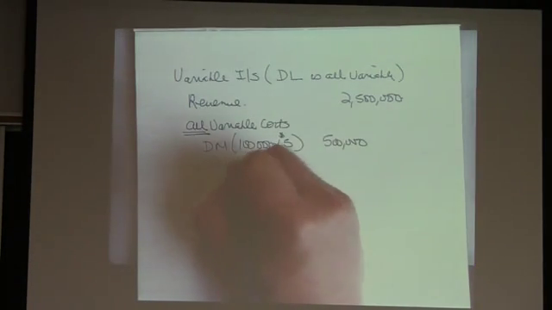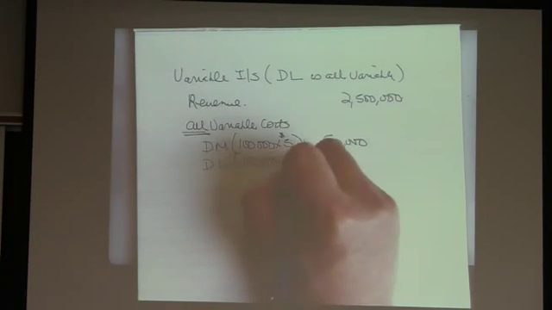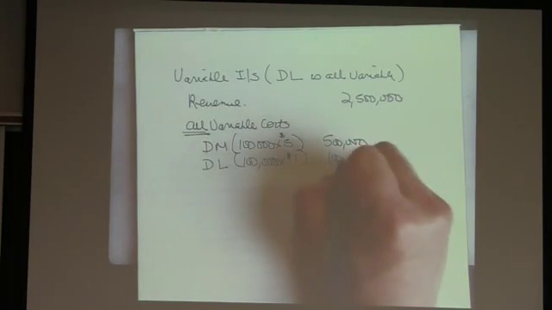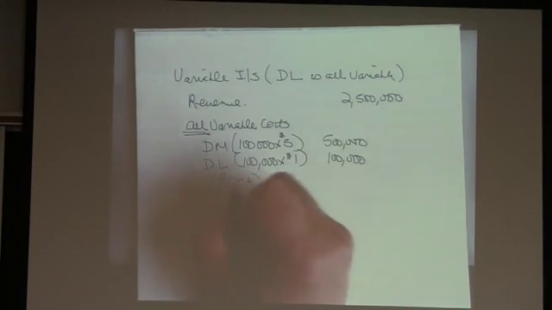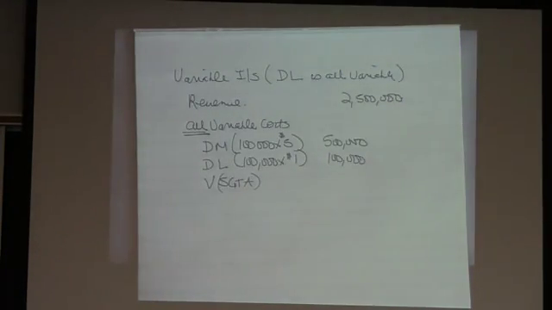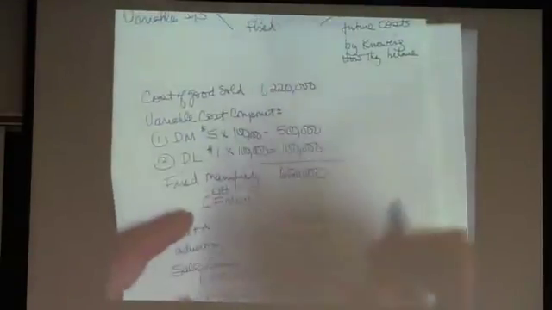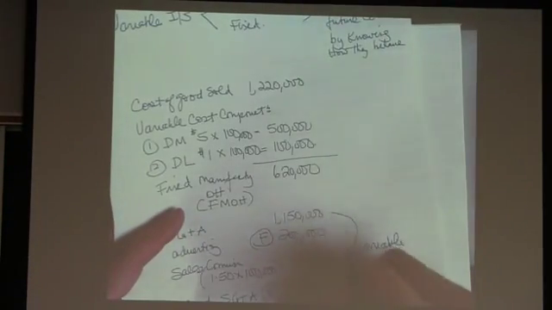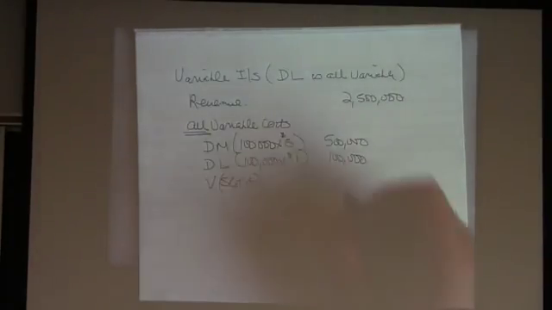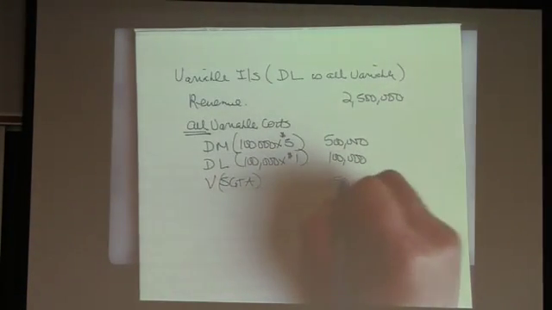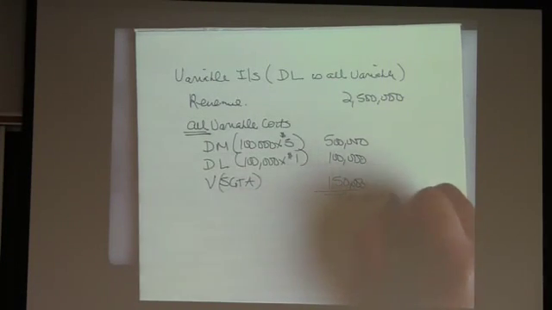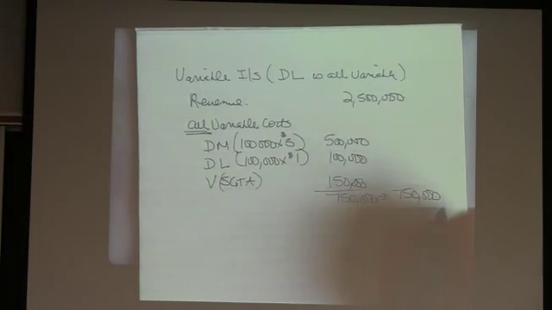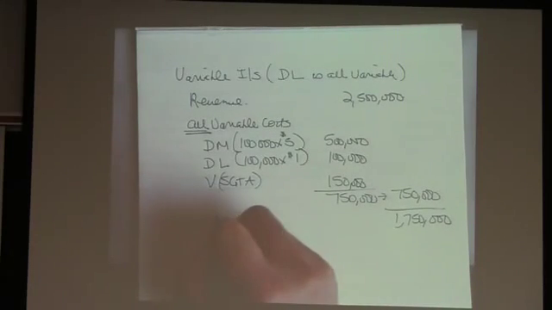Direct labor, again, we're going to assume that's all variable. And variable SG&A, and we know that to be the sales commission, right? So we know that that's the variable amount here. Right, that's the variable amount, the 150, okay? And that's 750. So 750 here. The difference between the two is what we call a contribution margin.